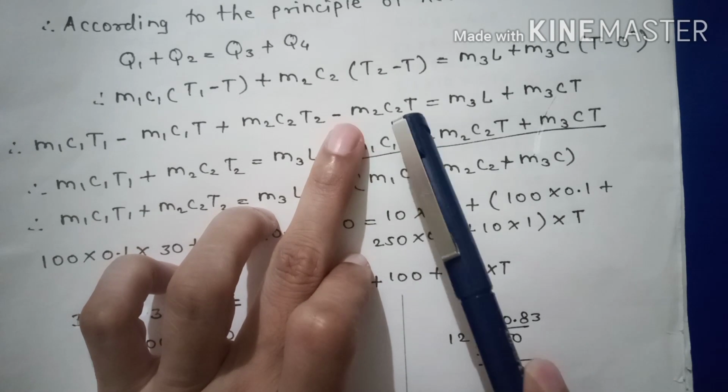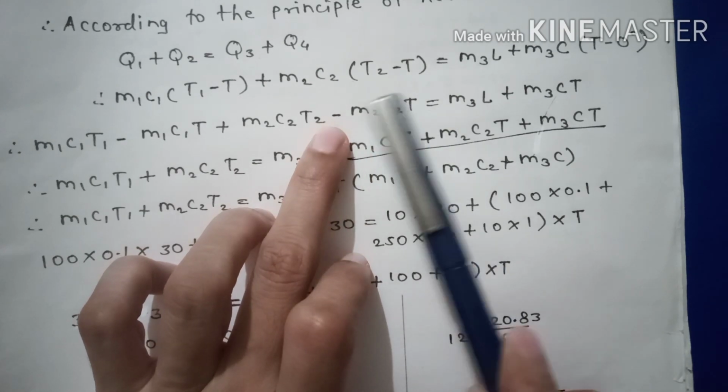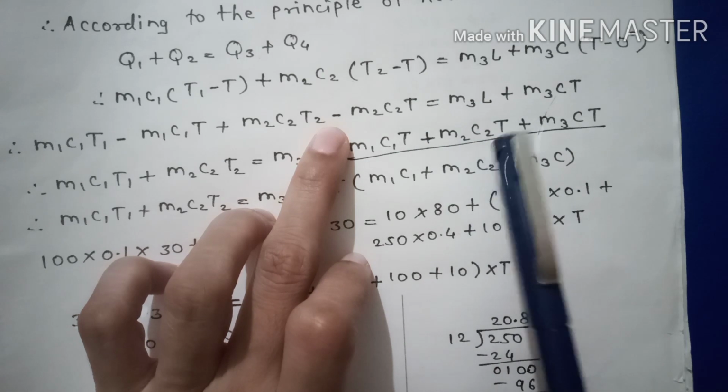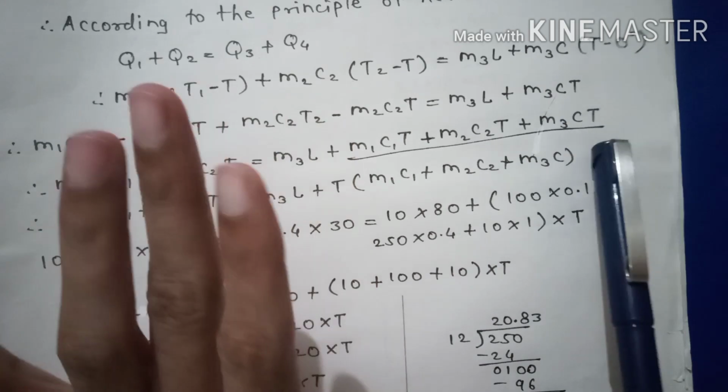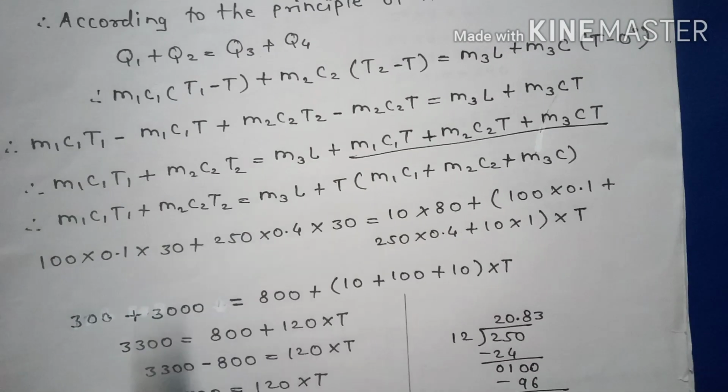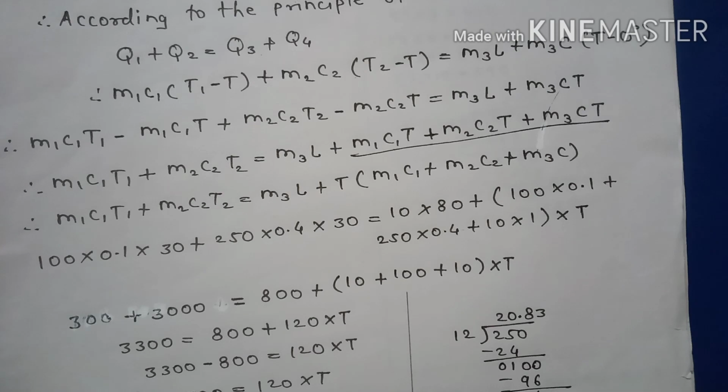This term M2C2T is negative here, so when it comes to the right hand side it becomes positive, plus M3C into T, which is as it is. So terms coming from the left hand side to the right hand side, if they are negative, will become positive. Their sign changes when their side changes.